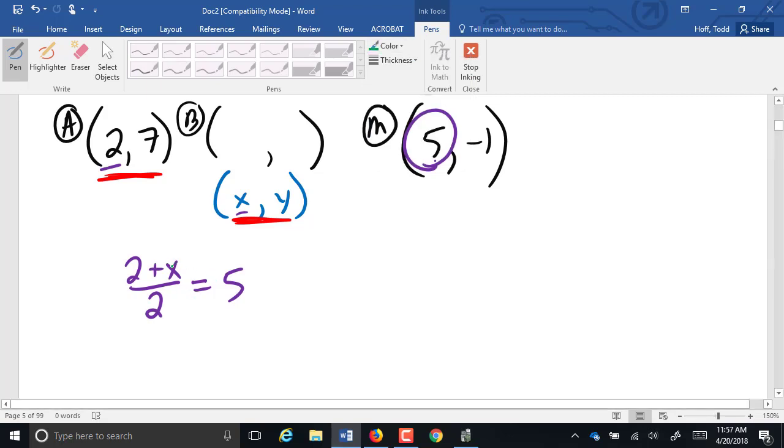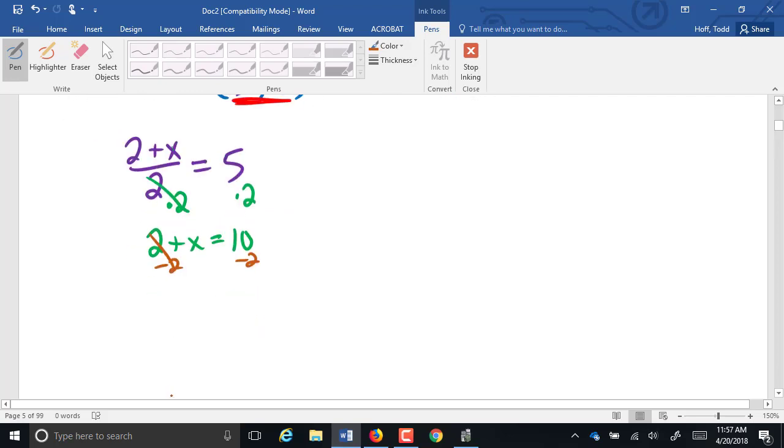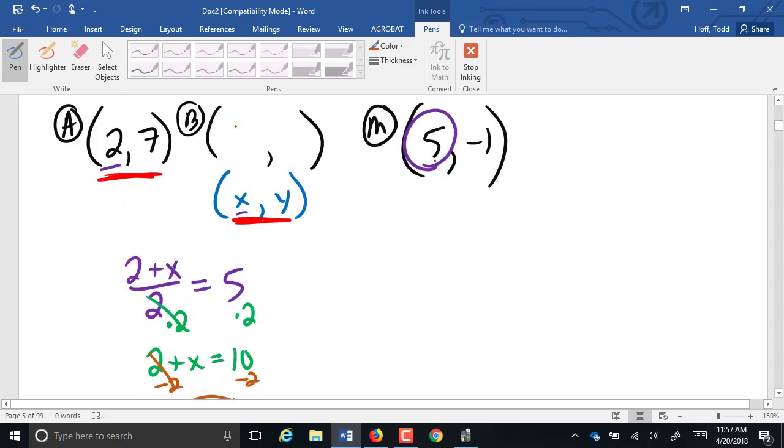So to solve this for x, well, looking at it, what's happened to x is 2 was added to it, then the whole works was divided by 2. So to solve it, we start out by multiplying by 2. So 2 plus x equals 5 times 2 is 10. Then we'll subtract the 2. So subtracting 2 gives us that x equals 8. So the x-coordinate of that second endpoint is 8.